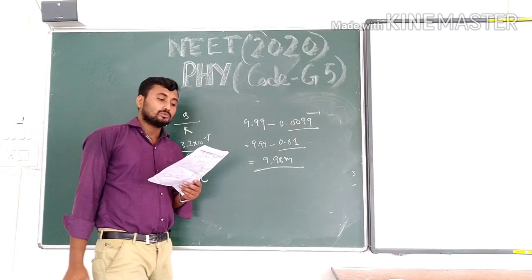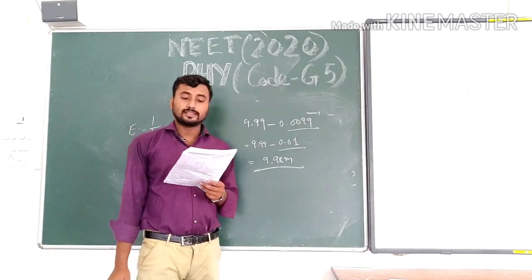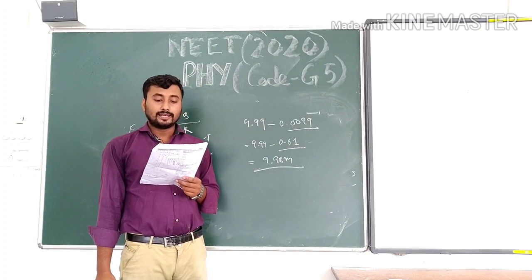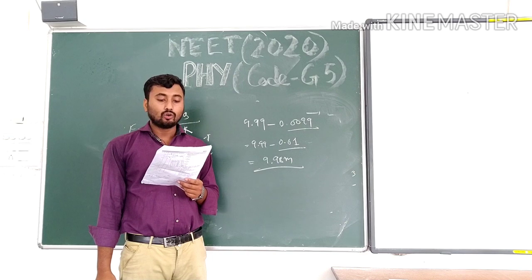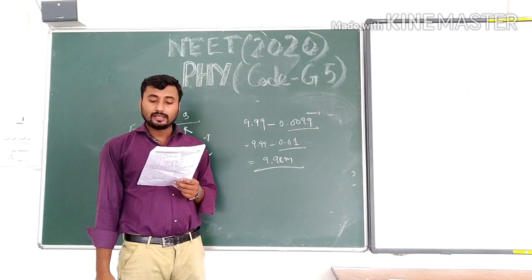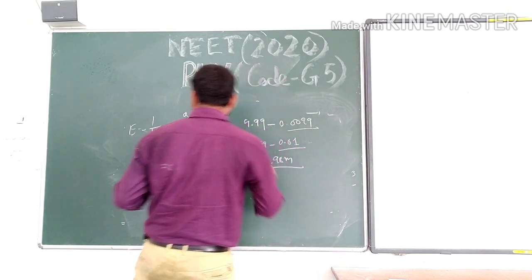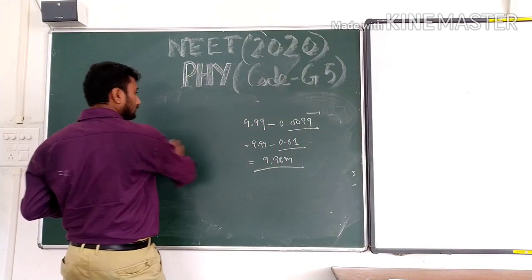Next, 172. In Young's double slit experiment, if the separation between coherent sources is halved and the distance of the screen from the coherent sources is doubled, then the fringe width becomes. So what is the expression for fringe width?